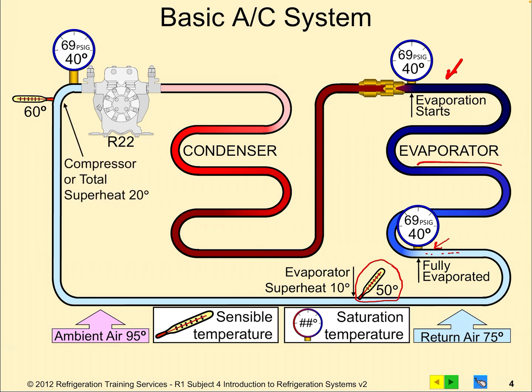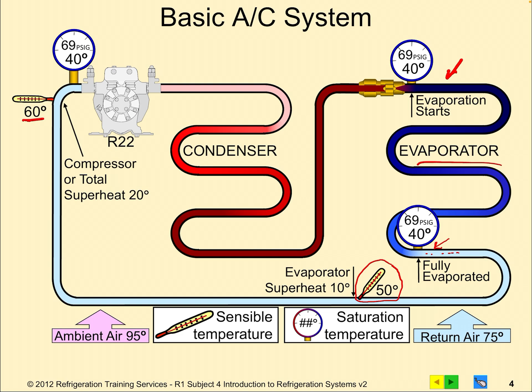Now, by the time we get back to the compressor, you might have noticed that we are already up to 60 in this line. So what happened now is we would have had to have picked up an additional 10 degrees of superheat in that line. And this happens quite frequently in real life, in an air conditioning system, you may have one of your copper tubes picking up some heat due to the warmer outside or the warmer ambient that might be in the facility or in a building.